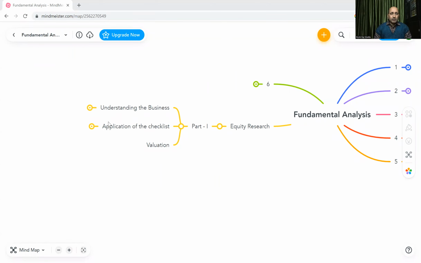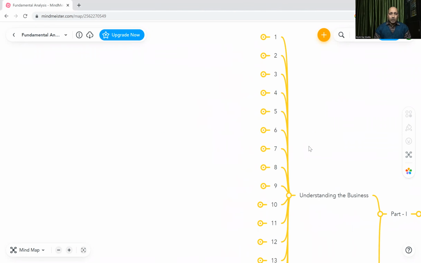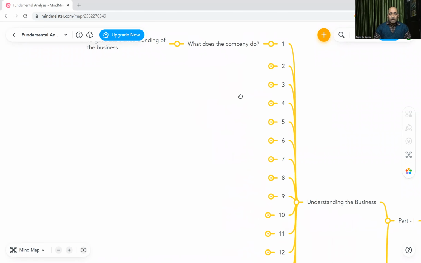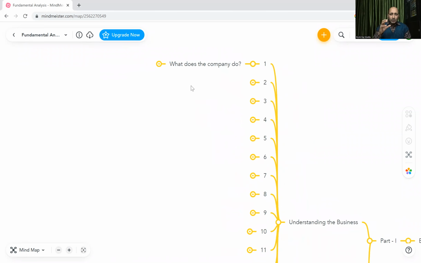Understanding business. So we have listed down 18 components or parameters. It can be more, but at least we should develop understanding of these 18 questions.